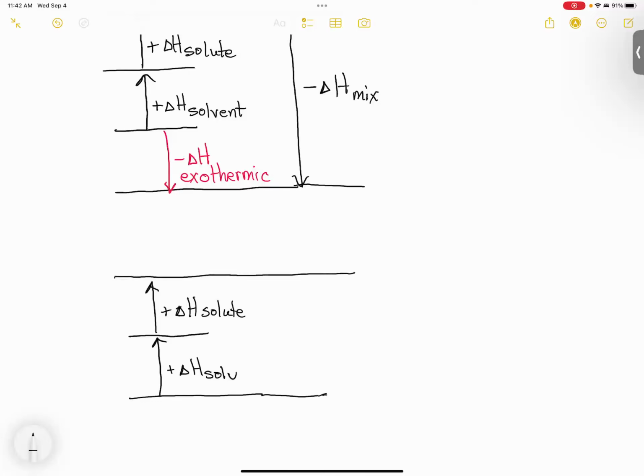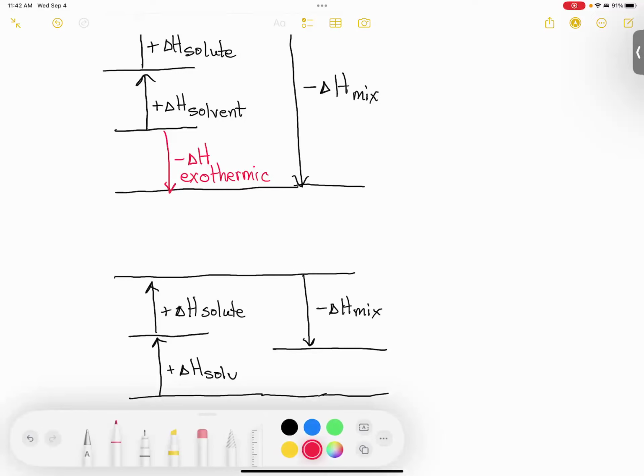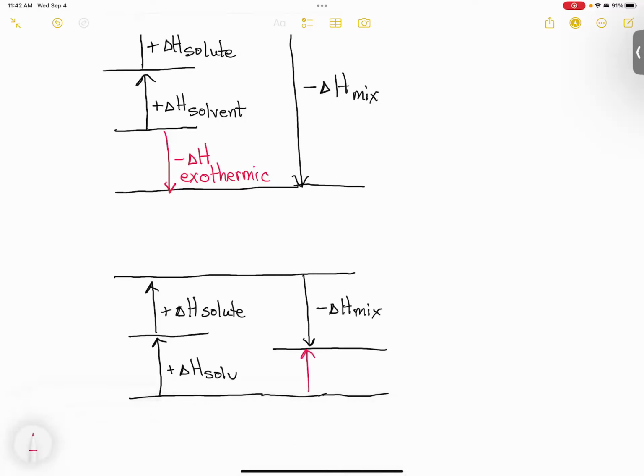But the other option is that when the two combine to form the solution, you have an overall positive delta H, in which case it's endothermic.